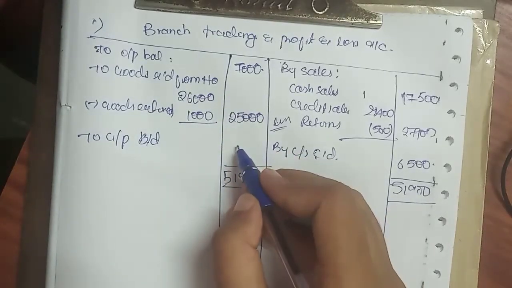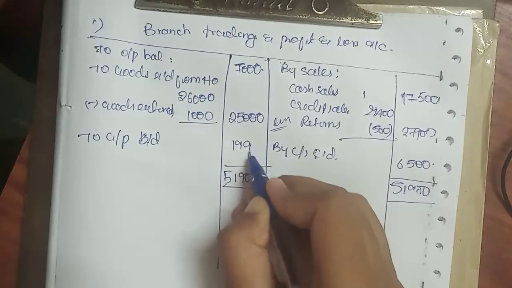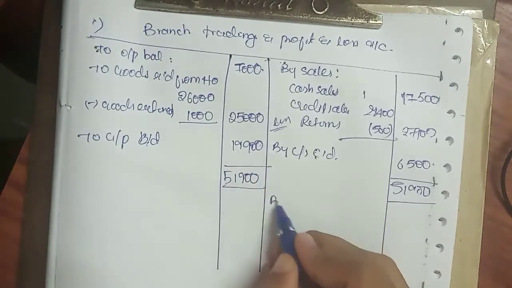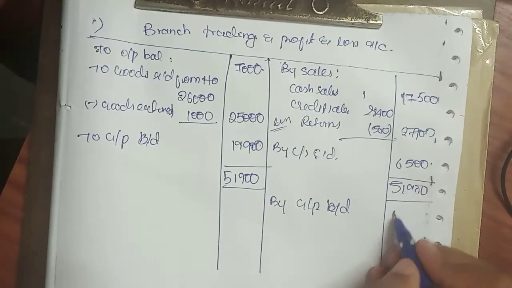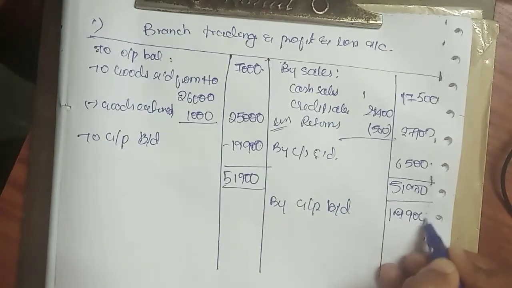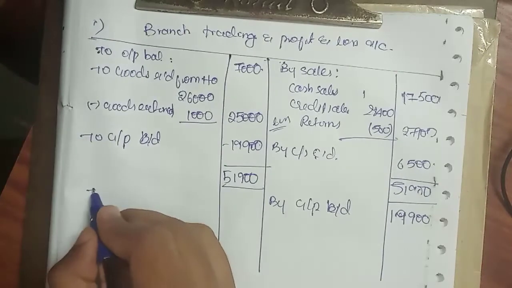How much do we get? 19,900. Now same thing, by gross profit brought down, you are getting the same thing here, 19,900.